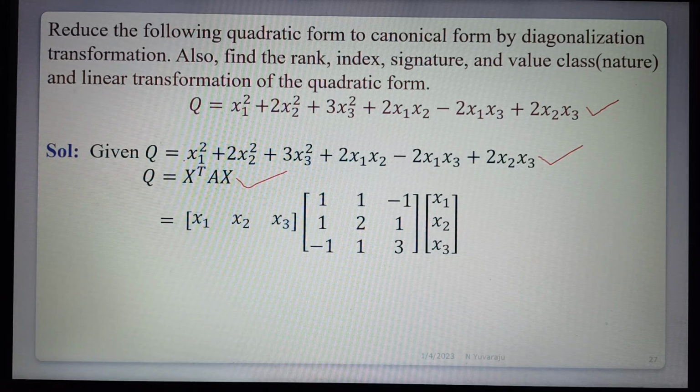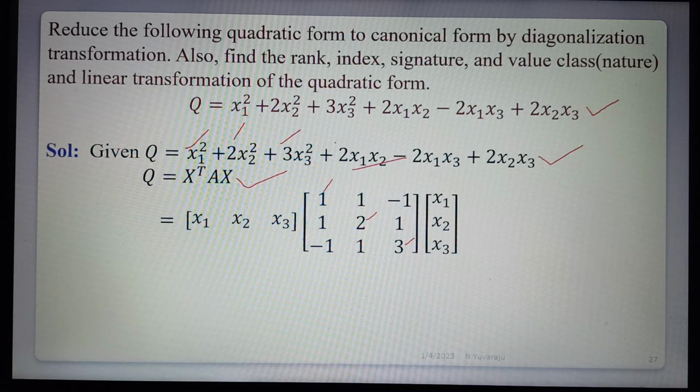Here the diagonal elements are the coefficients of the squares of the variables: 1, 2, 3. Next, the x1 x2 coefficient is 2, half of it is 1. Next, the x1 x3 coefficient is minus 2, half of it is minus 1. Next, the x2 x3 coefficient is 2, half of it is 1.